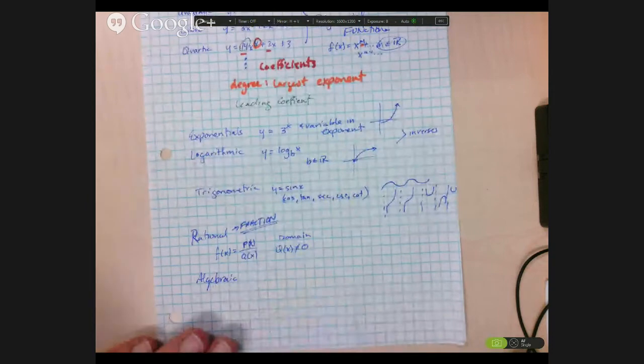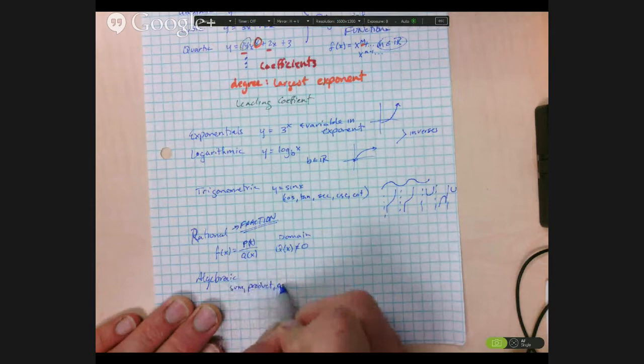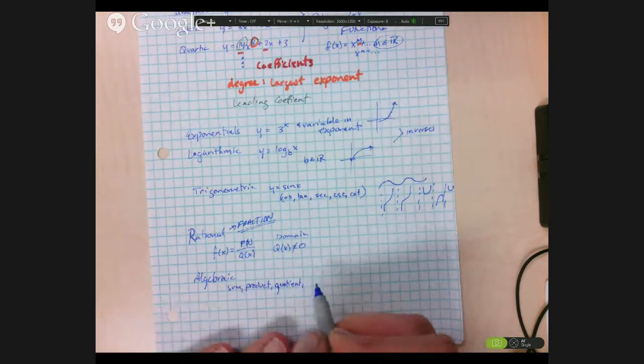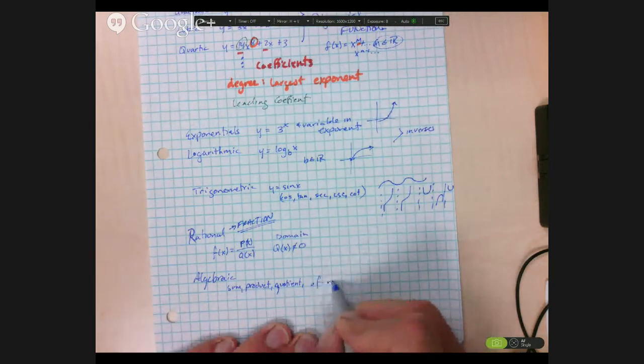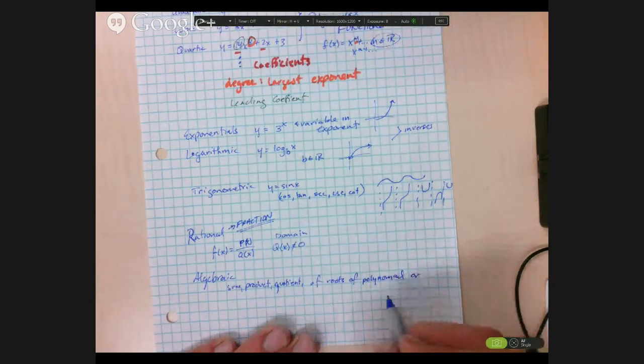There's algebraic. This is the sum, product, quotient of roots of polynomial or rational functions.